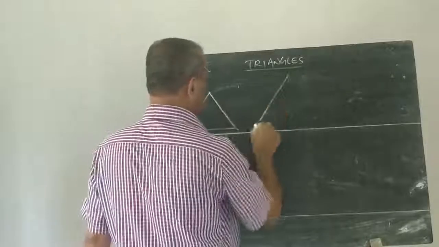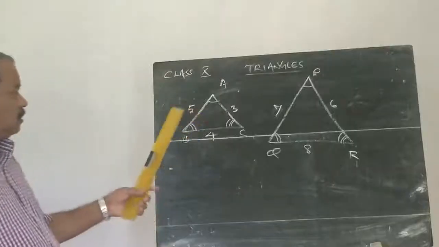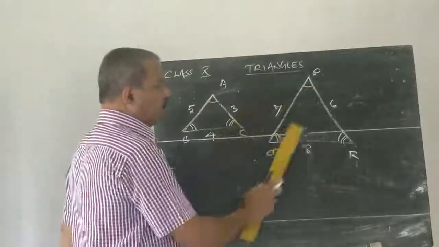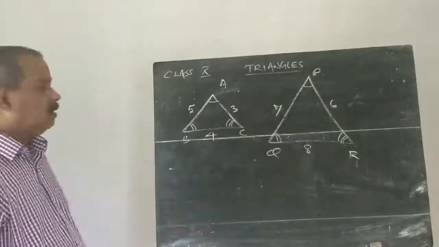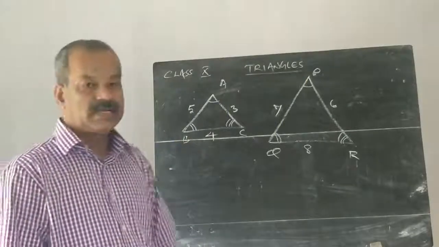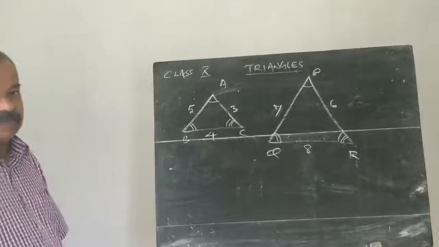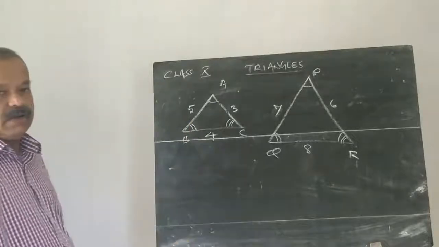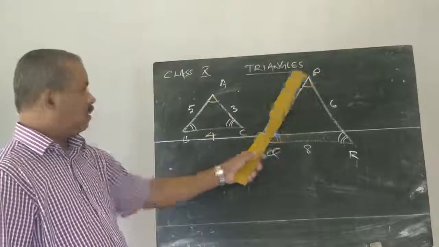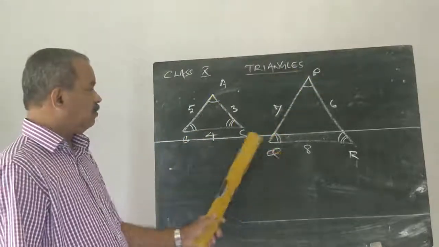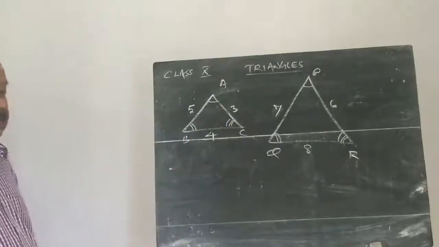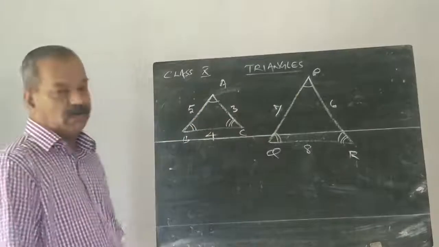Now consider two triangles, triangle ABC and triangle PQR. Look at the corresponding sides and corresponding angles. Compare them. Are the corresponding angles equal? Angle A, angle P. Angle B, angle Q. Angle C, angle R. And the symbols show that the corresponding angles are equal.